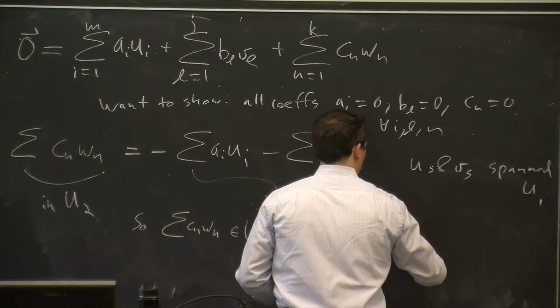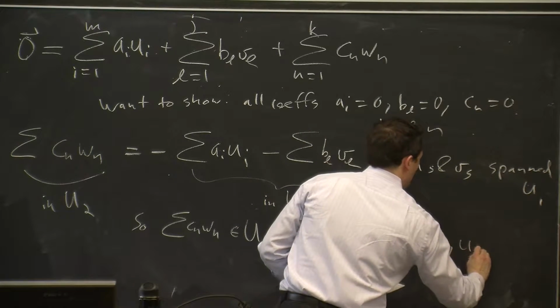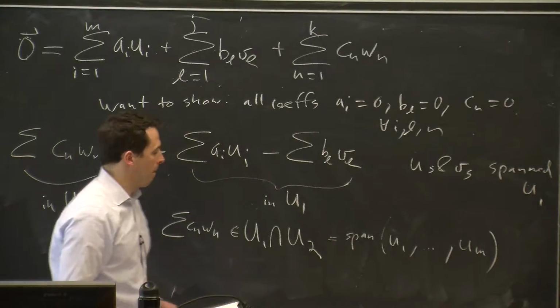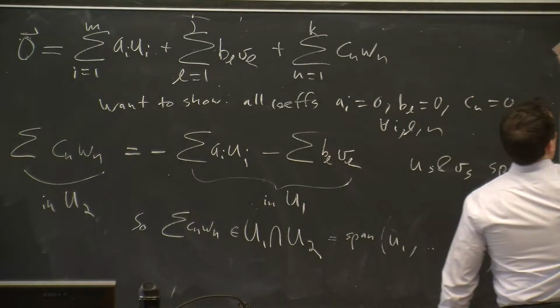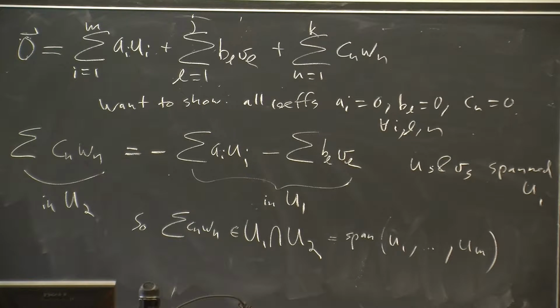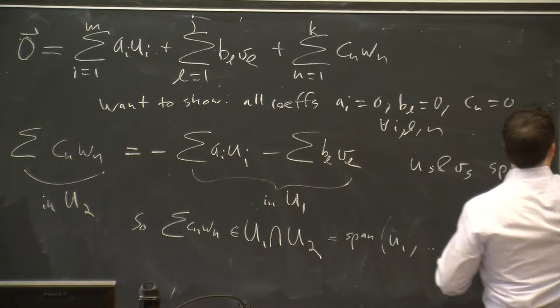And its basis is U1 up to Um. That means we can write a new expression for the sum of cn wn.